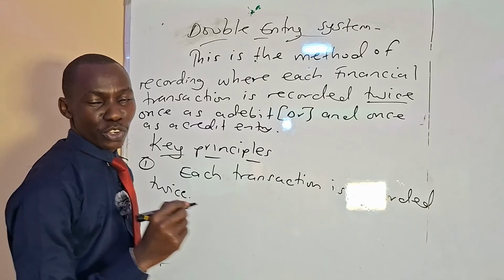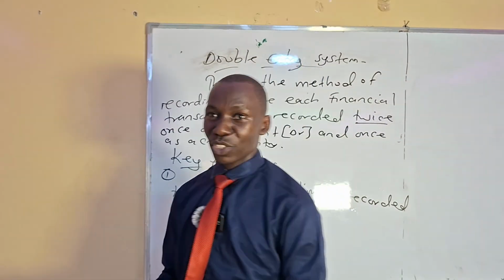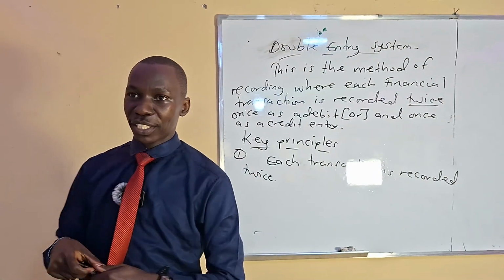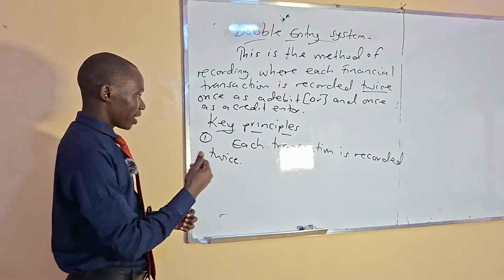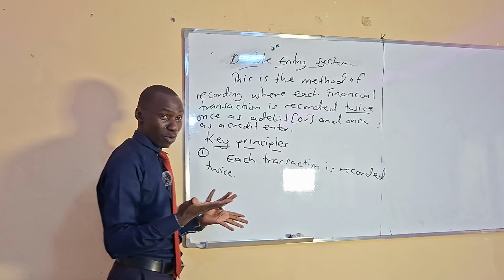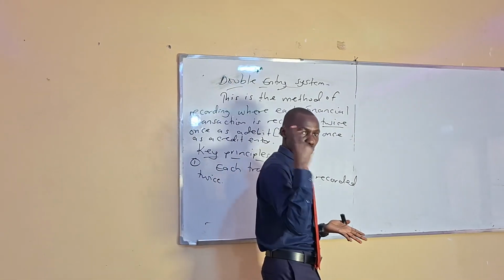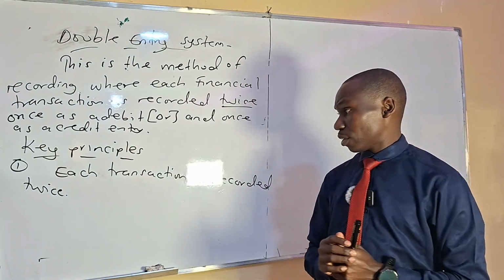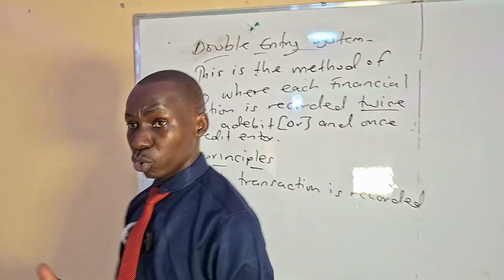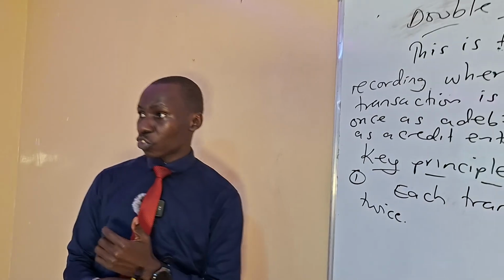Now, for you, when you record a transaction once, just know you are making a mistake. Each transaction must be recorded twice, or I can say at least twice. It could be even more, but the minimum will be twice. That is, we shall record on the debit and credit side of our ledger account. I'll talk you through all that. I will explain everything concerning that.